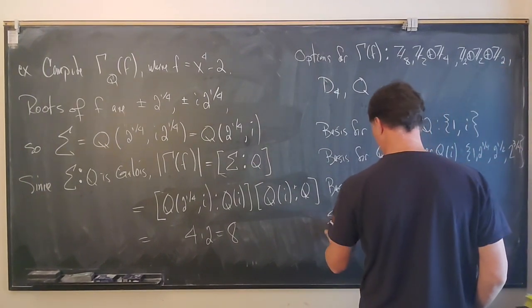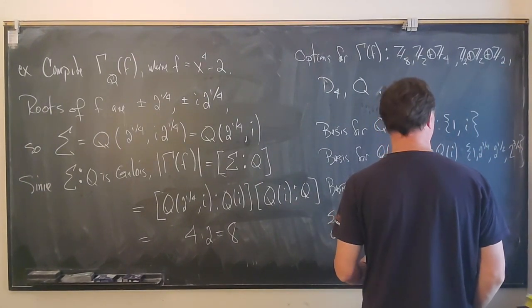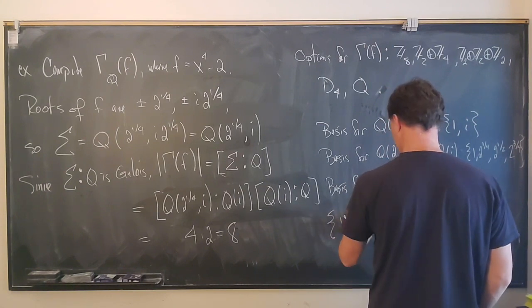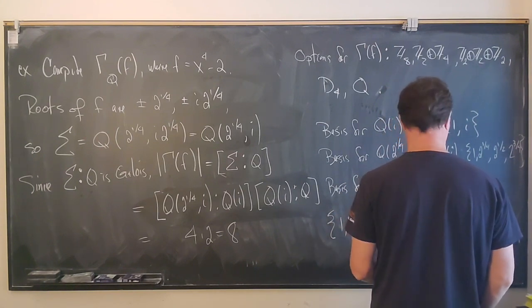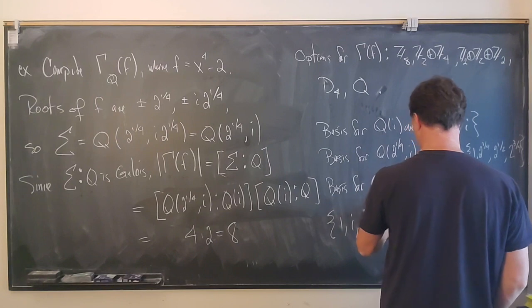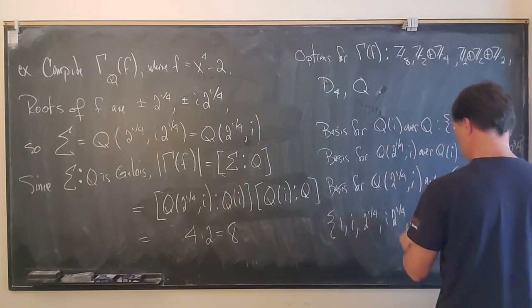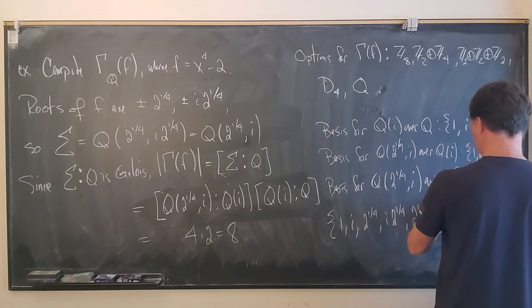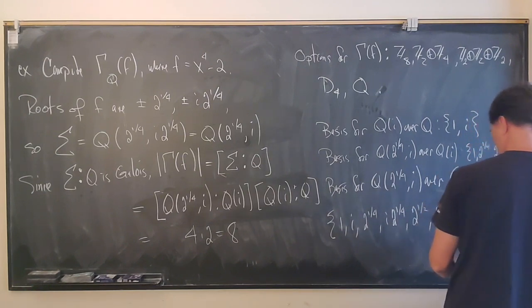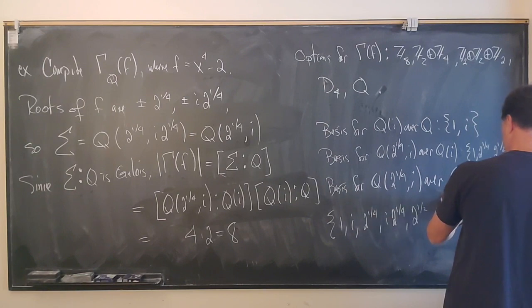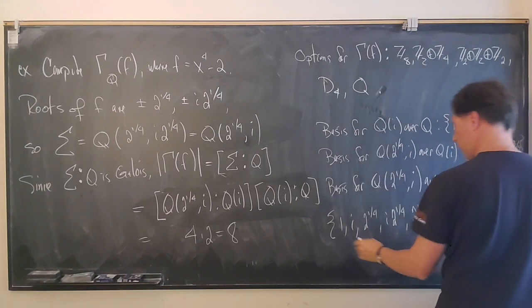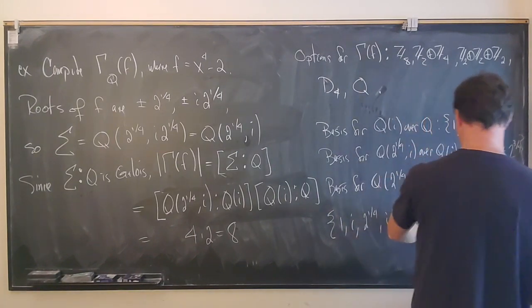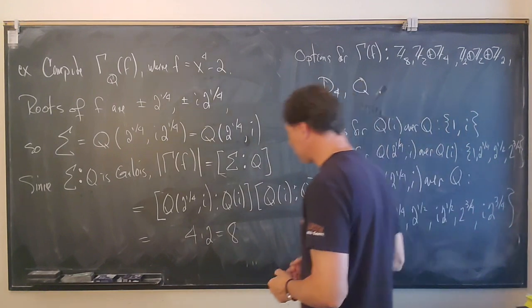So this will be 1, i, 2 to the 1/4, i times 2 to the 1/4, 2 to the 1/2, i times 2 to the 1/2, 2 to the 3/4, and i times 2 to the 3/4. So what do I got, did I get them all? 1, 2, 3, 4, 5, 6, 7, 8. Yeah, okay, so there's our basis.